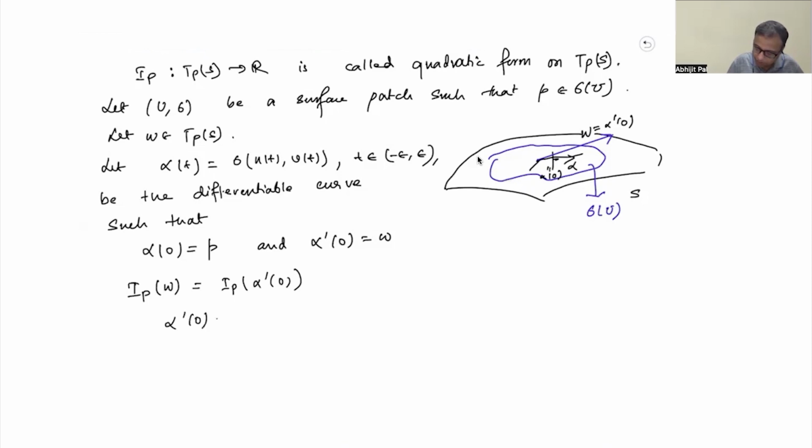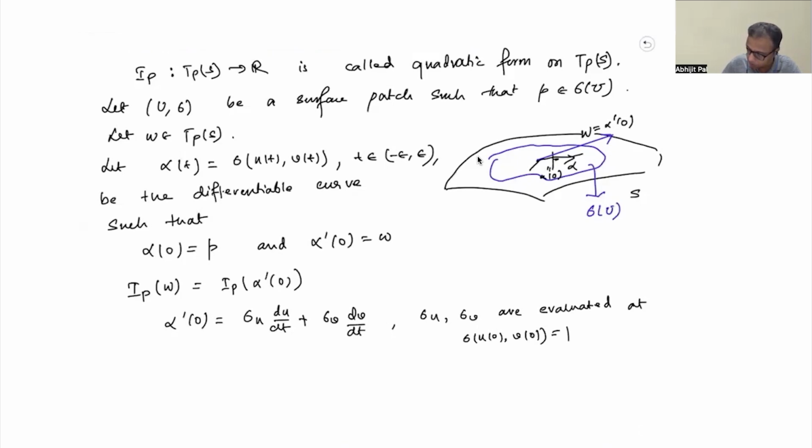Therefore, alpha prime(0) will be equal to sigma_u du/dt plus sigma_v dv/dt. Here sigma_u, sigma_v are evaluated at sigma(u0, v0), which is nothing but equal to P. And du/dt, dv/dt are evaluated at t equals 0. Okay.